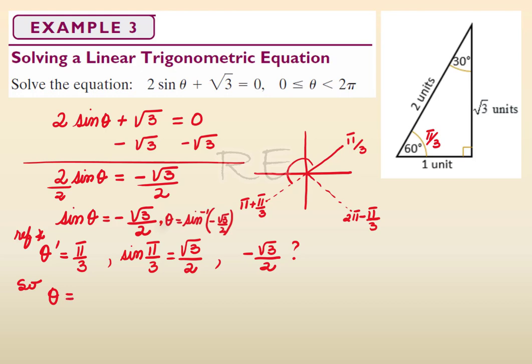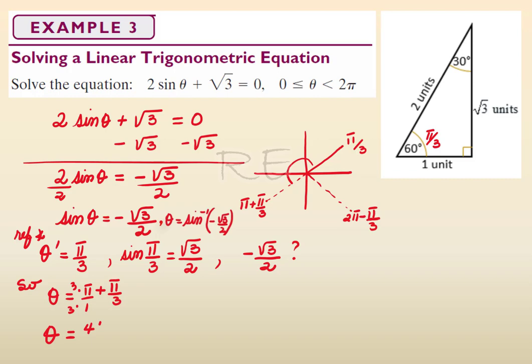So theta will be equal to pi plus pi over 3, and pi is 3 pi over 3.